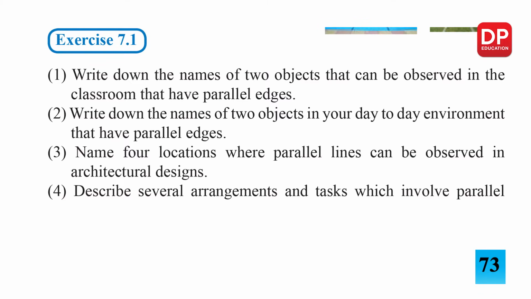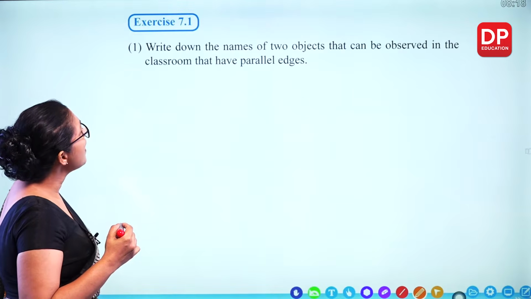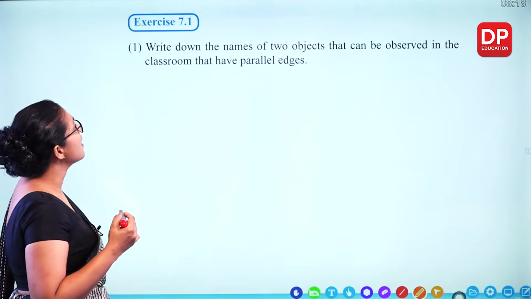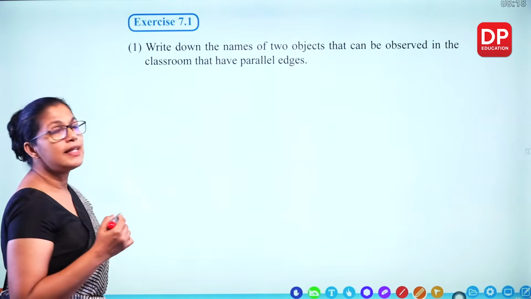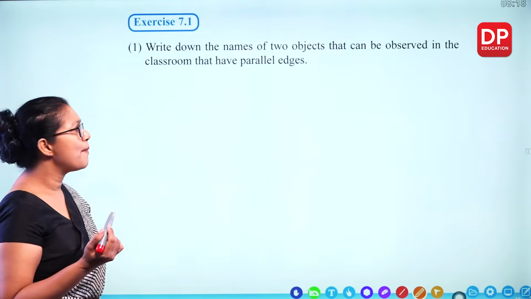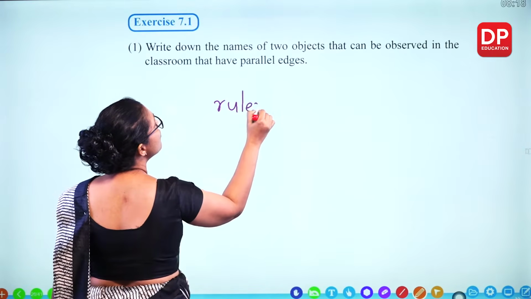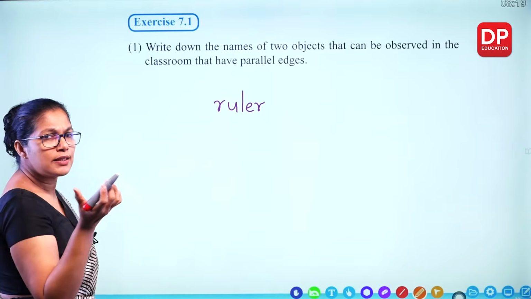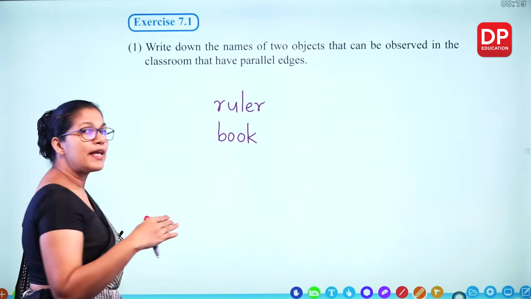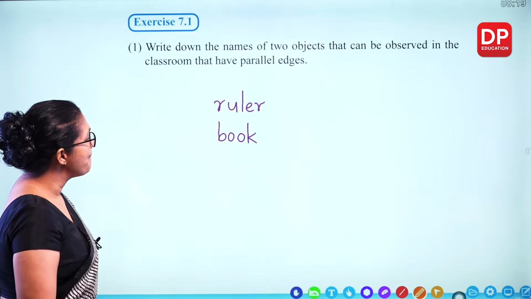Now we'll look at your exercises in your textbook. Exercise 7.1. Write down the names of two objects that can be observed in the classroom that have parallel edges. Can you name? Ruler, book, sometimes your pencil box, also sometimes two parallel edges are there.